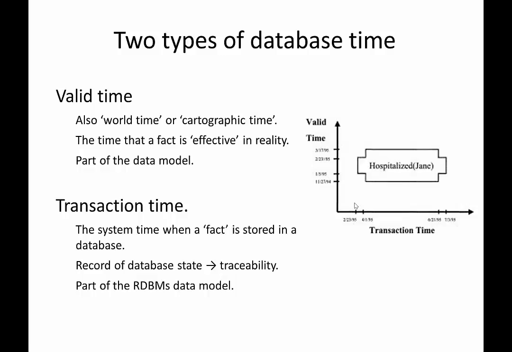Then there is transaction time. Transaction time is about the database and when the fact was stored in the database. Yep. So this is about updates and changes inside the database rather than in the world.